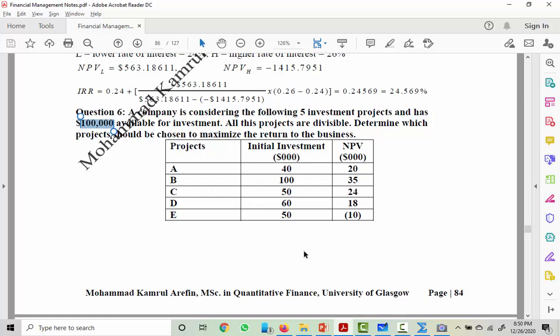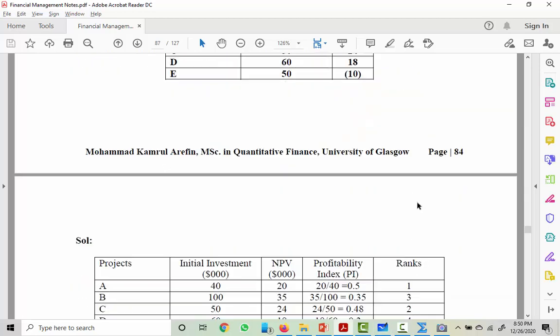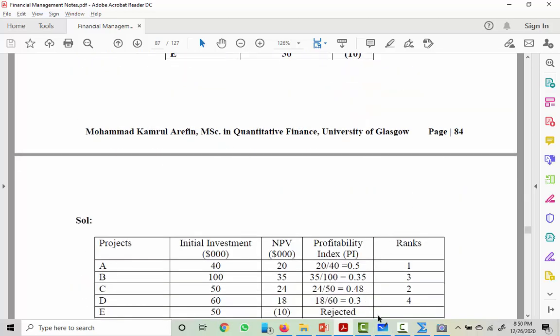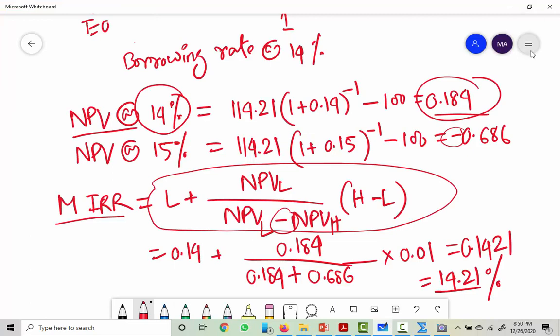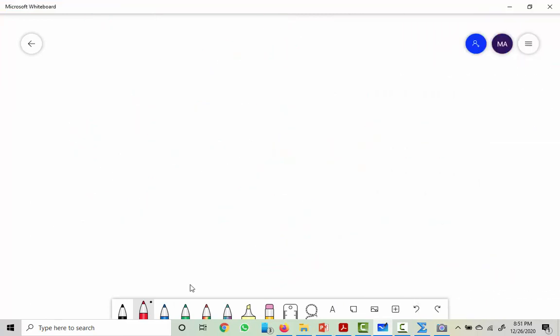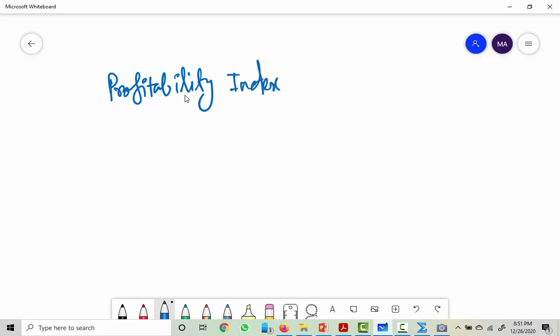For this we can calculate the profitability index. So profitability index means what? In short we call it PI.